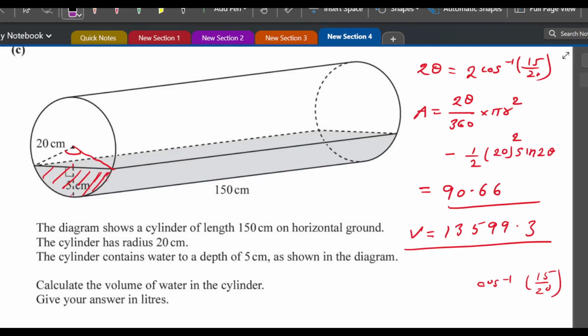I will take one question in the book. A car has two wipers which do not overlap.